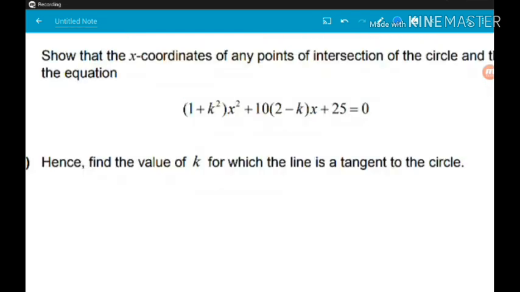Okay, and then the last part of this monster question wants us to find the value of k for which the line is a tangent to the circle. So if the line is a tangent, then we have 1 point of intersection.